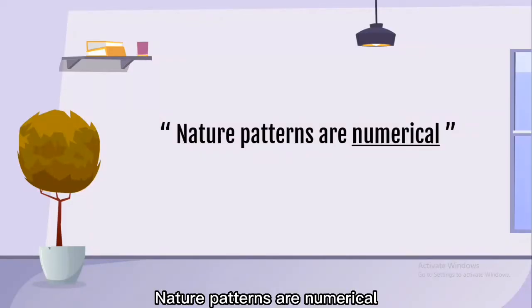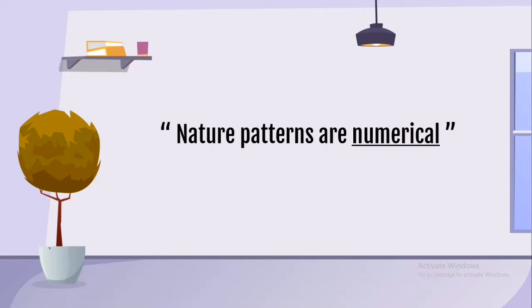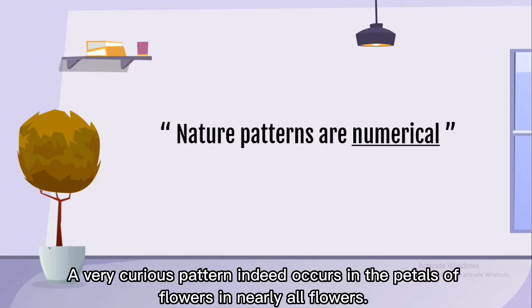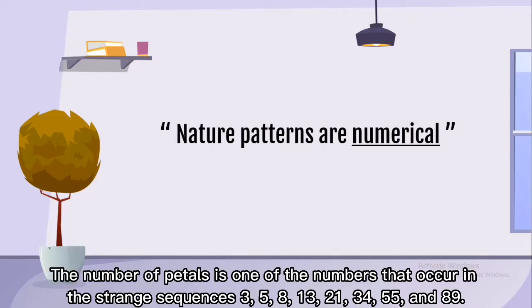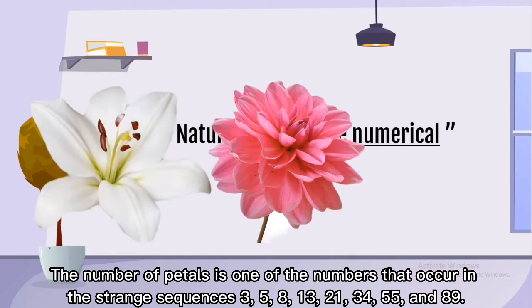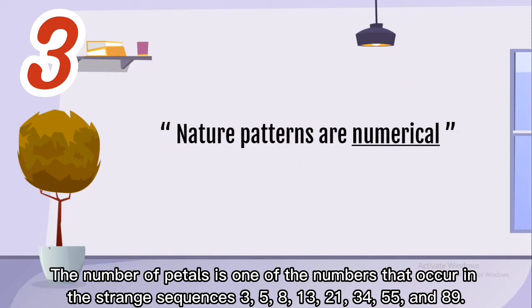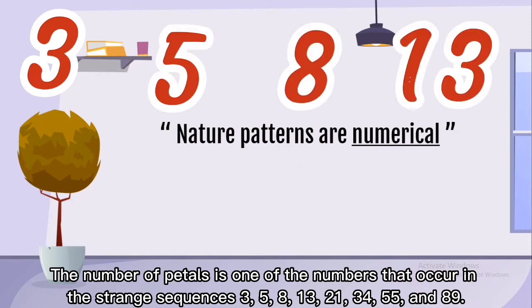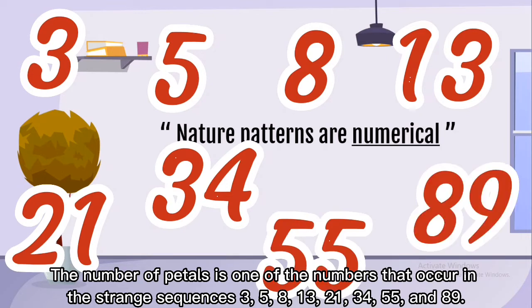Nature's patterns are numerical. The simplest mathematical objects are numbers, and the simplest of nature's patterns are numerical. A very curious pattern indeed occurs in the petals of flowers. In nearly all flowers, the number of petals is one of the numbers that occur in the strange sequence 3, 5, 8, 13, 21, 34, 55, and 89.